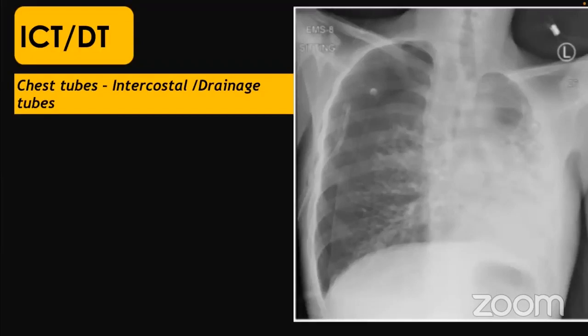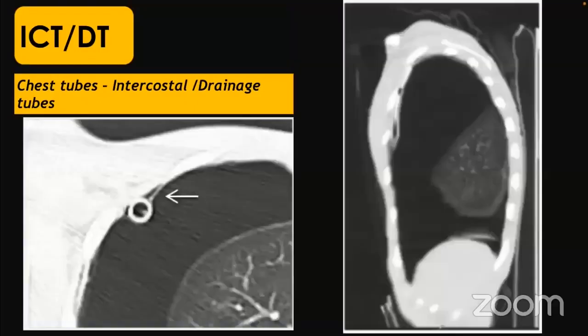However, we still have a pneumothorax here on the right side. We did CT chest for the same patient, and we found that the chest tube is still in the extrapleural space, so it was not working well.